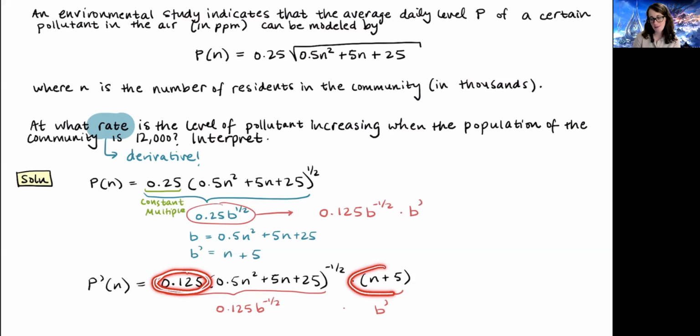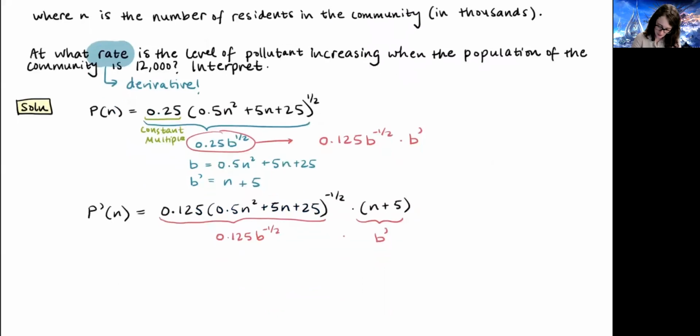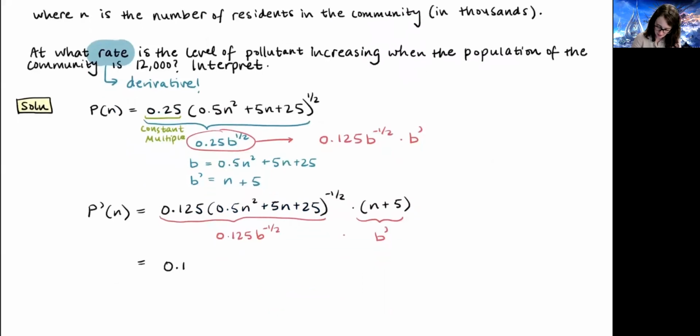Here our b prime has more than one term, n plus 5, but we can still put them together. So I would just recommend writing this as 0.125 times n plus 5, and then times 0.5n squared plus 5n plus 25, all raised to the negative 1/2 power.